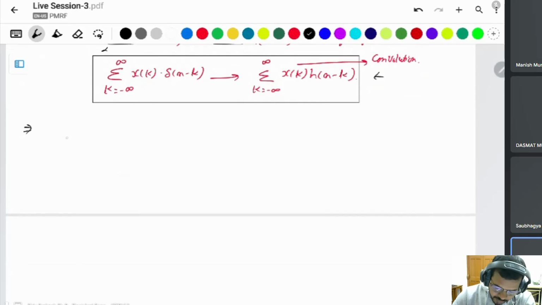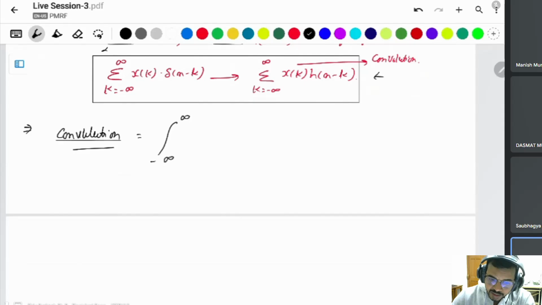In continuous time, the convolution of two signals is the same as the LTI system processing this one: x(tau) h(t minus tau) d tau. h(t minus tau) is the same as the impulse response of the system.